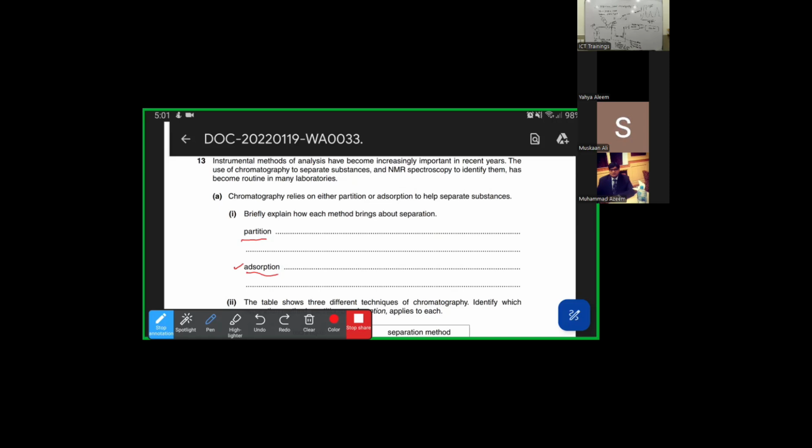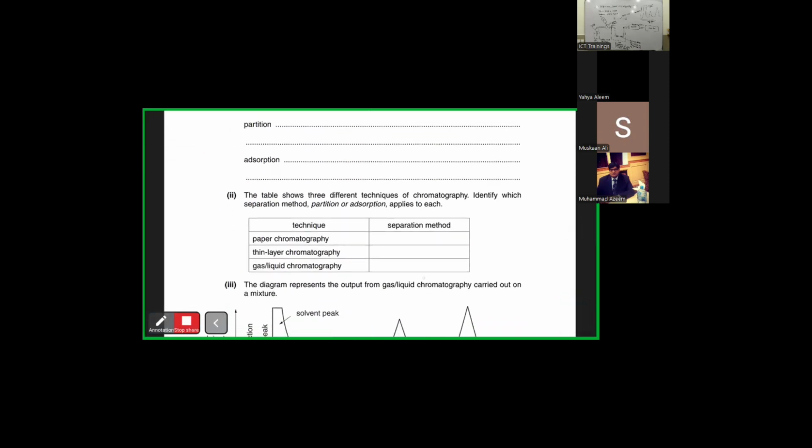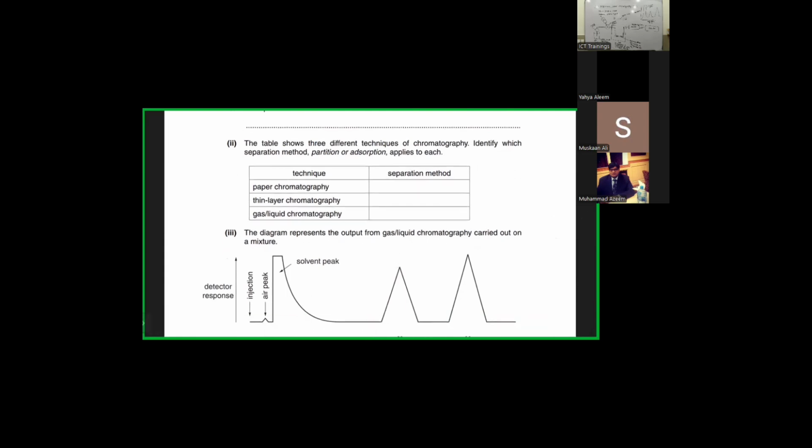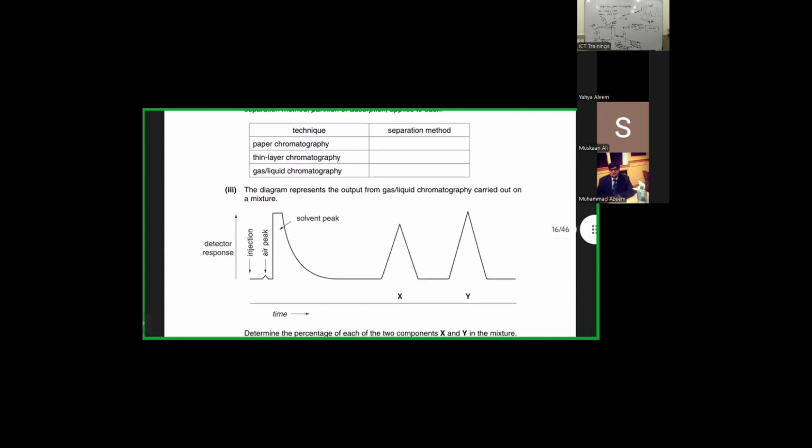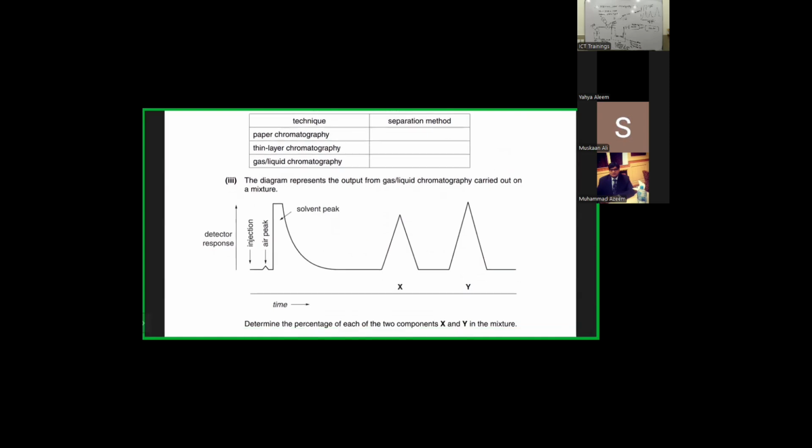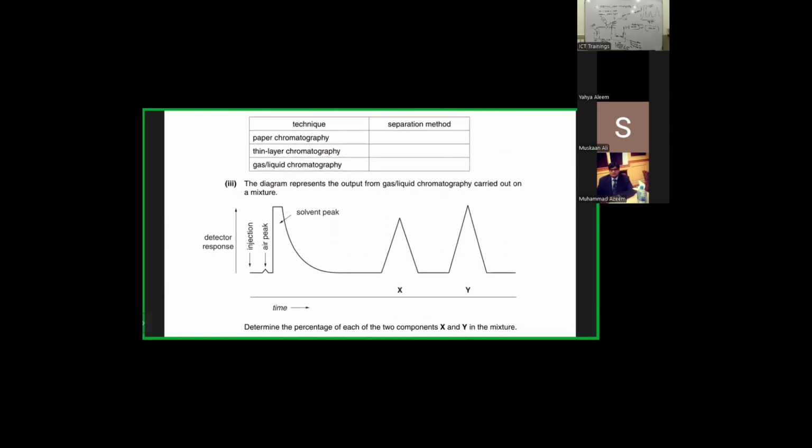So paper chromatography is partition, thin layer chromatography is adsorption, and GLC is partition again.